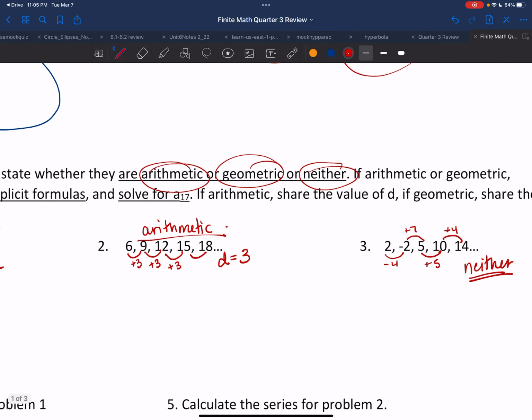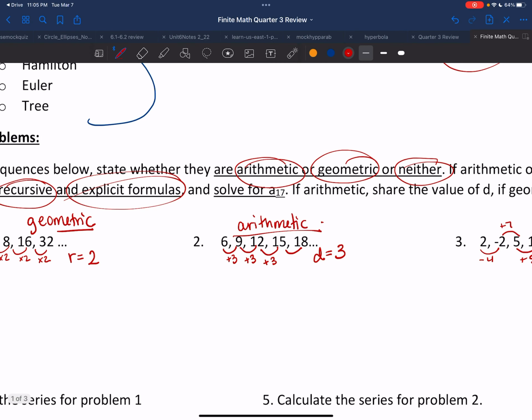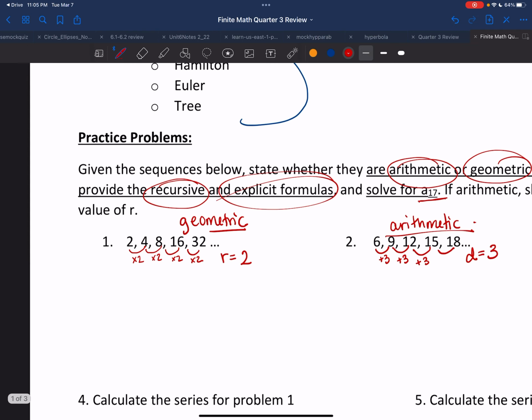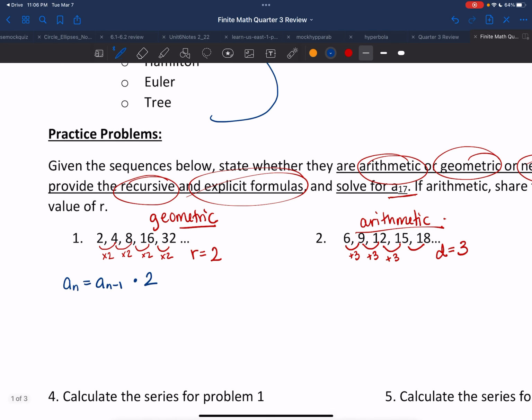All right. The next part, it says we want to provide the recursive and explicit formulas, and in addition to that, to solve for a17. All right, so let's go ahead and tackle this. My recursive: a_n equals a_(n-1) times 2. So that r is going to be the value that I'm putting in there. My explicit formula: a_n equals a1 plus d times n minus 1.